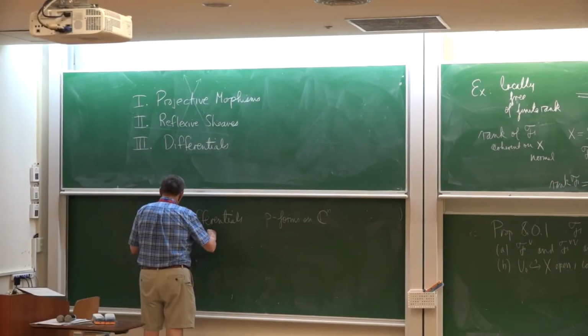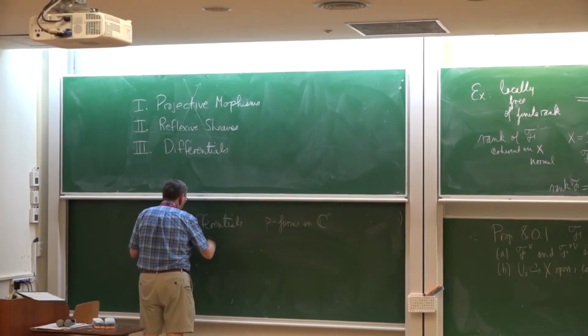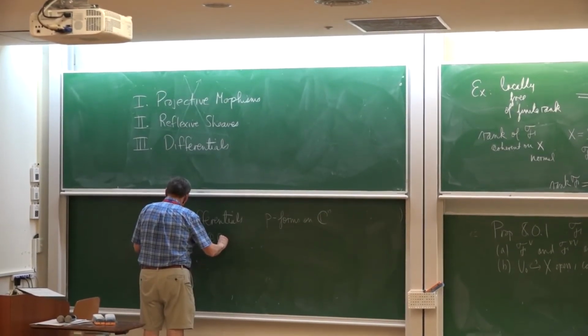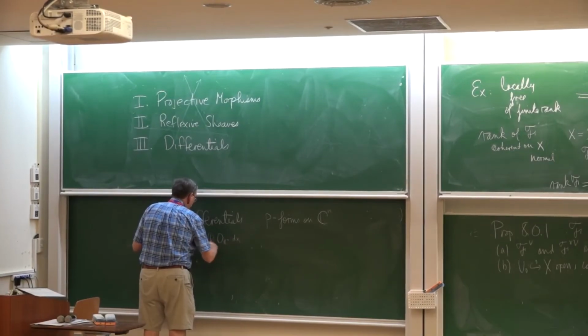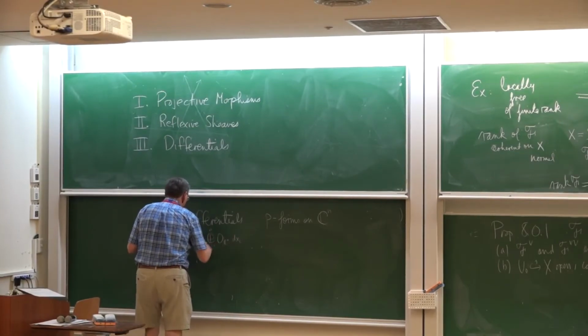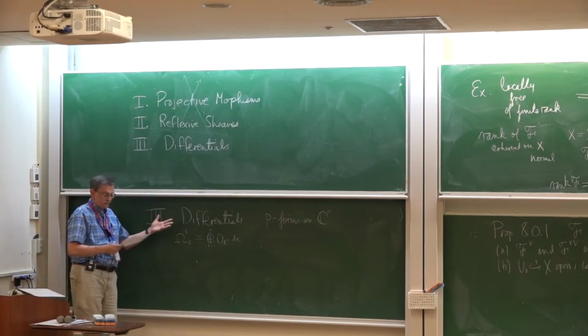And so this is really just going to be the direct sum of O, the structure sheaf of C^n, times dx_i, i goes from 1 to n. So that's basically what you want.